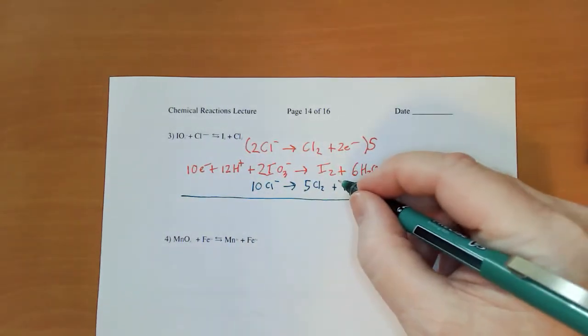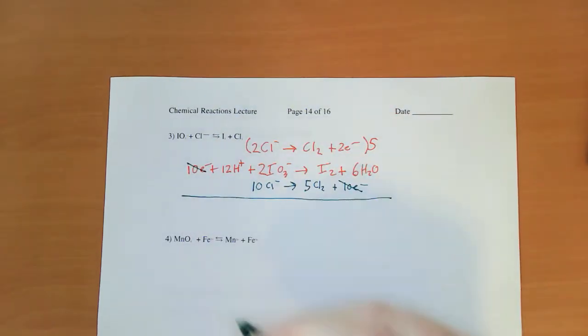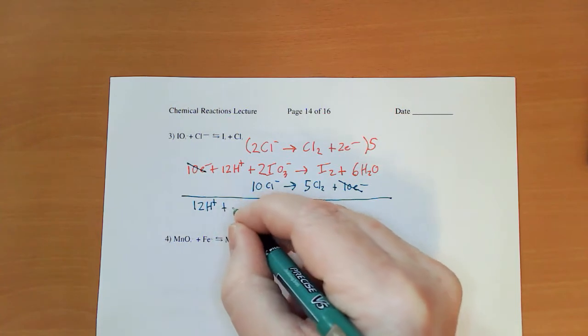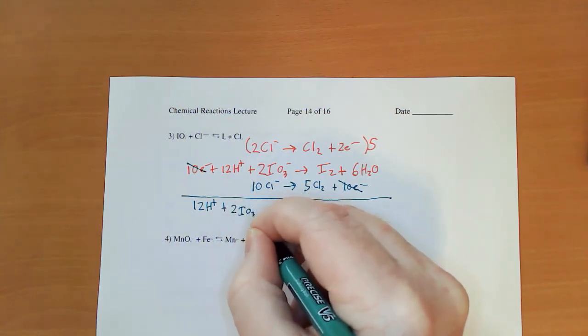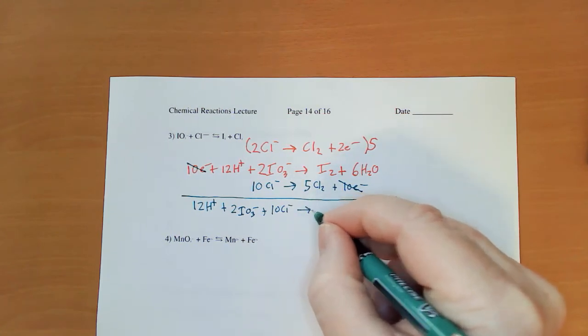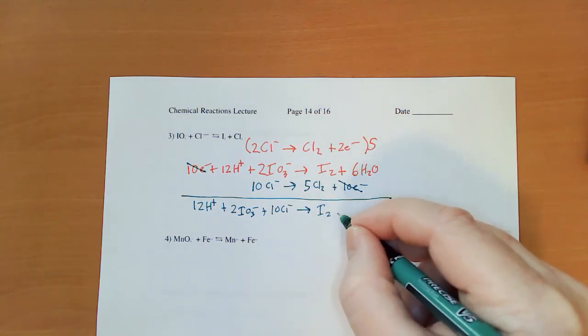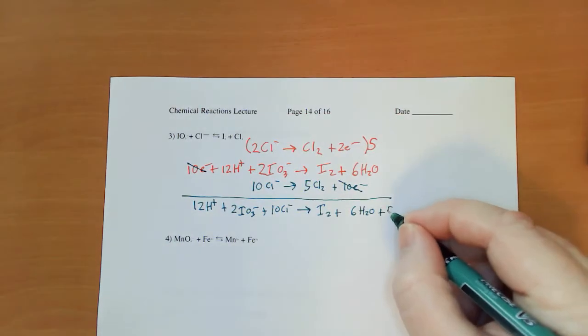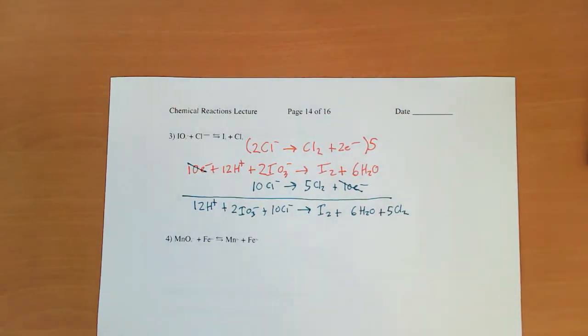The 10 electrons cancel the 10 electrons, and I have 12 H plus, 2 IO3 minus, plus 10 Cl minus gives me I2 plus 6 H2O plus 5 Cl2.